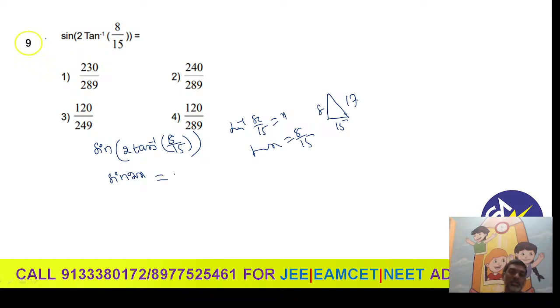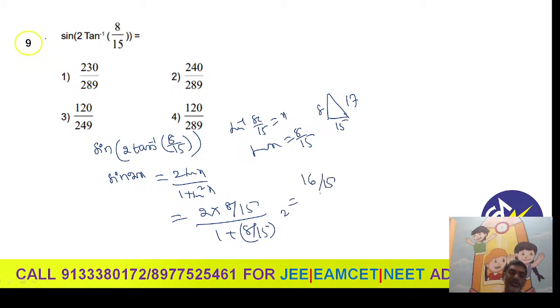So sine 2x is equal to 2 tan x divided by 1 plus tan square x. 2 times tan x, 8 by 15, divided by 1 plus 8 by 15 whole square. So 16 by 15 divided by 225 plus 64 divided by 225.